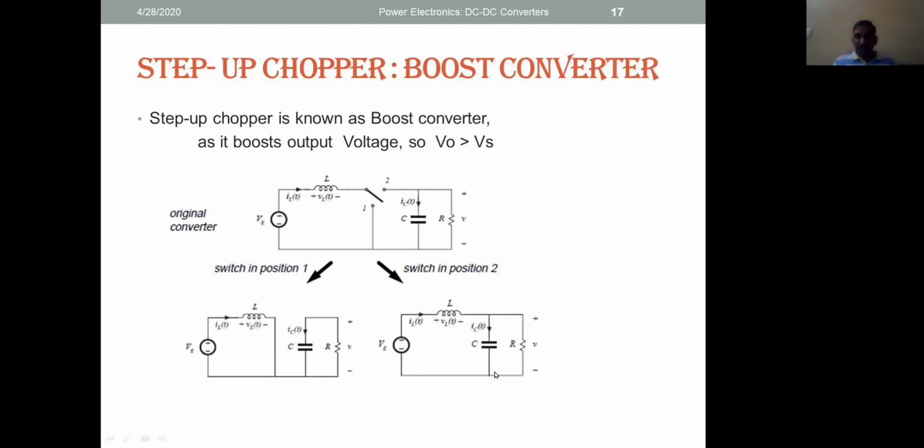Additionally, the capacitor is getting charged and this load is supplied by the source. Means during this period, the load is supplied by the source. During the other period, the load was supplied by the discharge of the capacitor also.